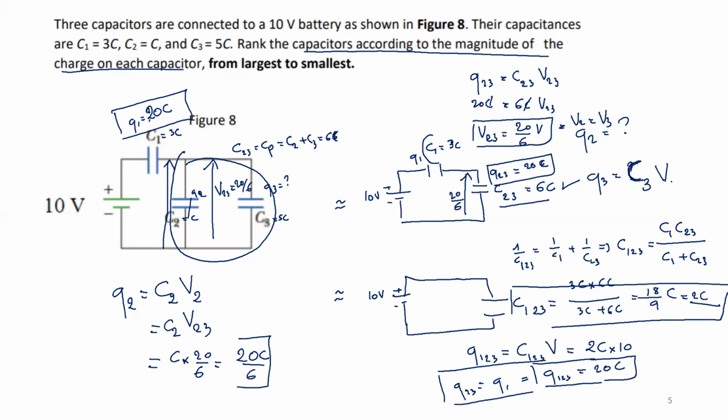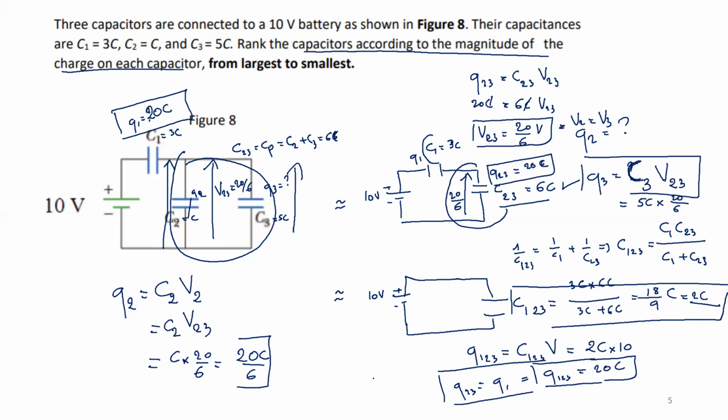But you remember, V3 is V2 free. Do you agree with me? The voltage across here is the same as the voltage across the combination 2 free. So Q3, C3 is 5C multiplied by 20 divided by 6.